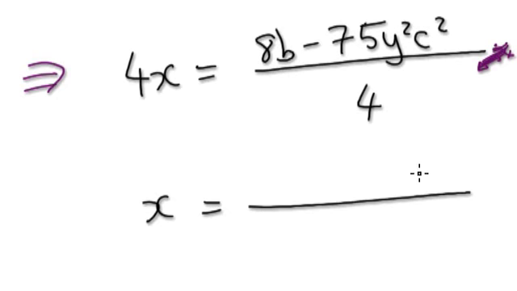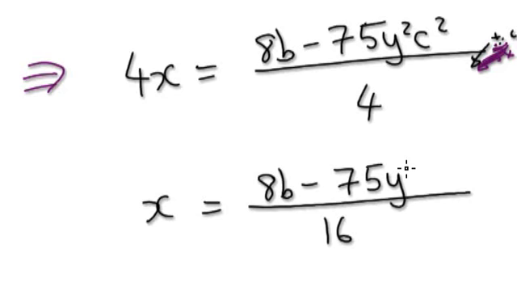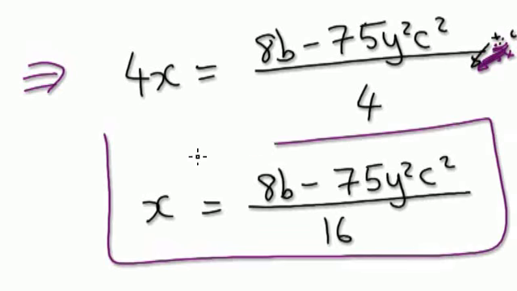At the bottom will be 16, because when you divide by 4, it gets multiplied to the bottom. So this is why it's 16, and then the top stays the same. So it'll be this. See, now it's ta-da. Yeah. So X is the subject now. Okay.